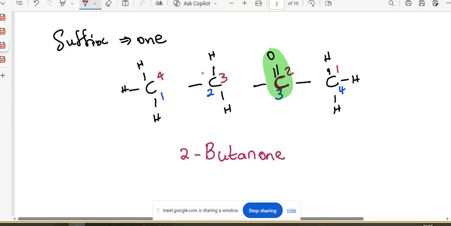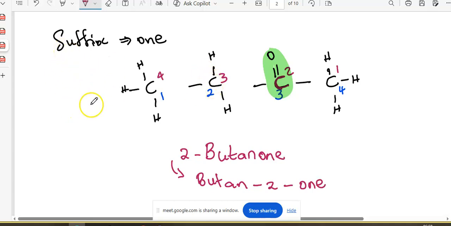So it's going to be butanone. We can also write it as but-2-one. After but, we put a dash, say where the functional group is, on carbon number 2, then put another dash and say -one. That's how you do the naming.